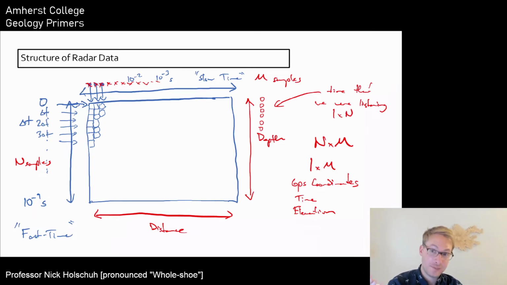We have n observations, or n defined time samples that correspond to our fast time measurement. So it's important to recognize that this is a pretty typical structure for radar data. The data themselves are stored in a matrix, and there are these vectors that are either m or n long that are the metadata associated with those observations.